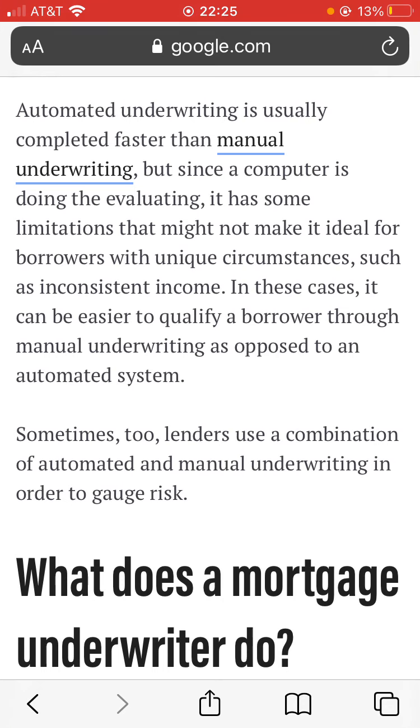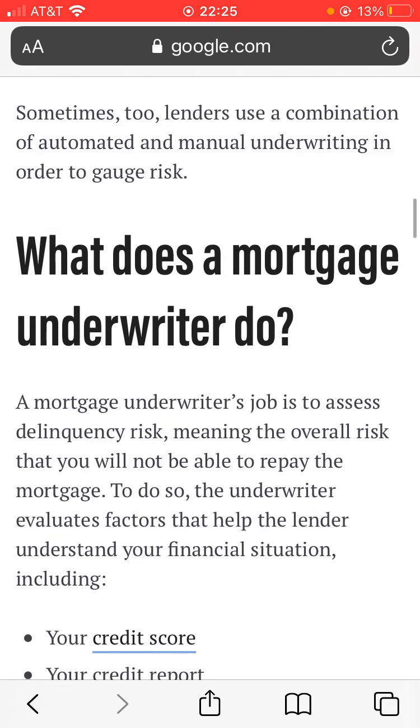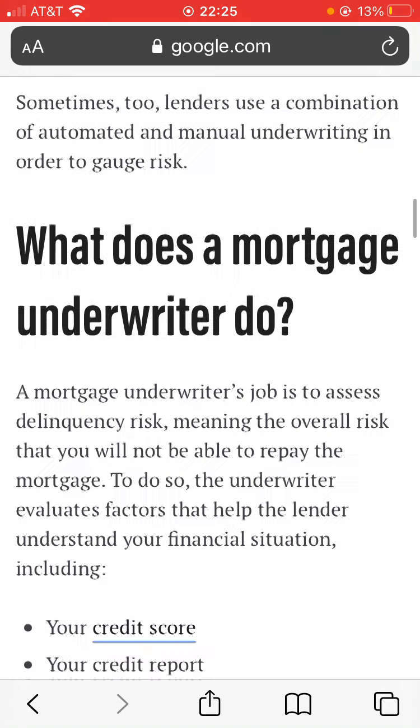In these cases, it can be easier to qualify a borrower through manual underwriting as opposed to an automatic system. Sometimes, too, lenders use a combination of automatic and manual underwriting in order to gauge risks.